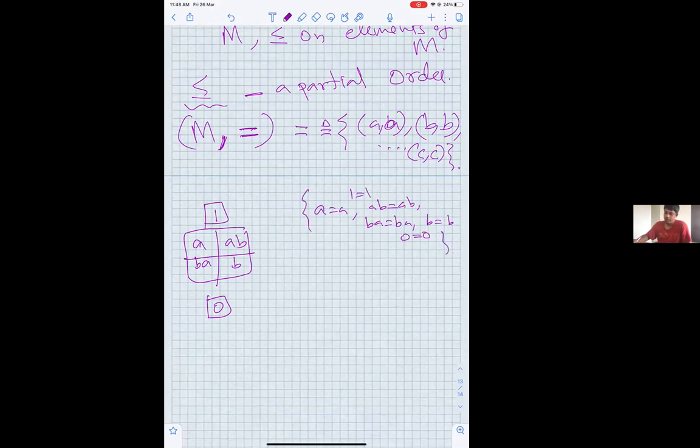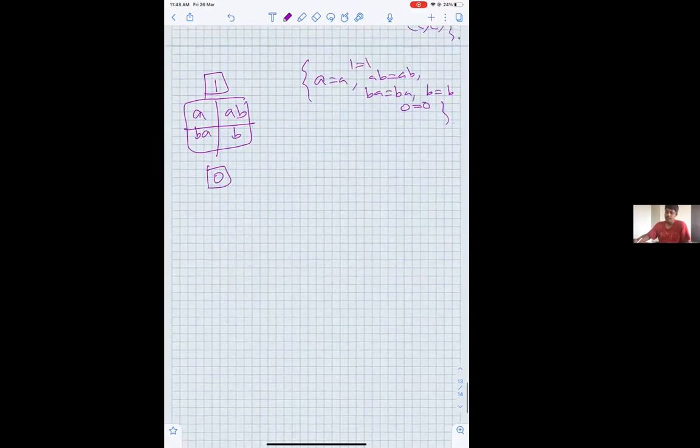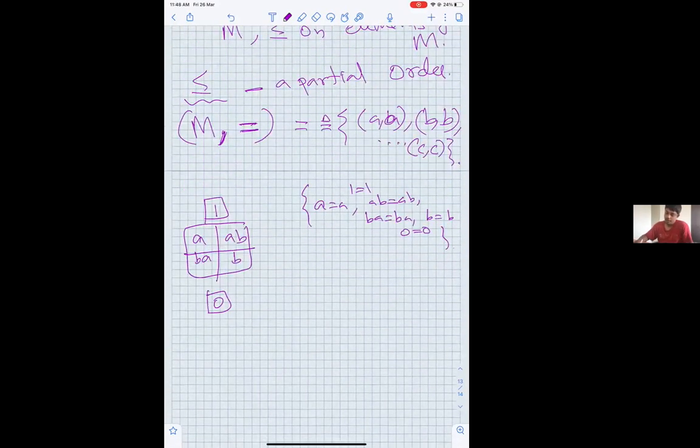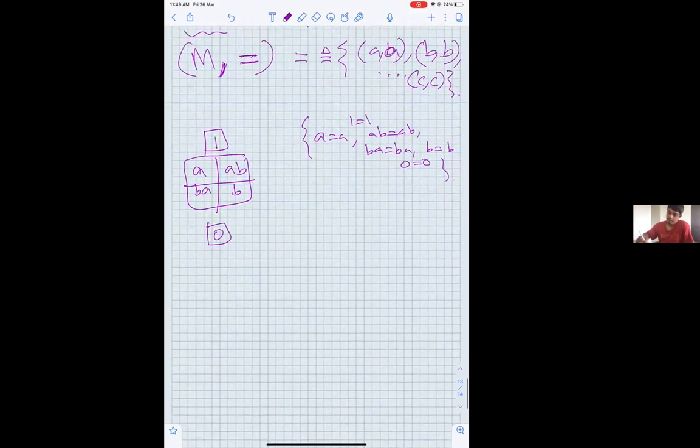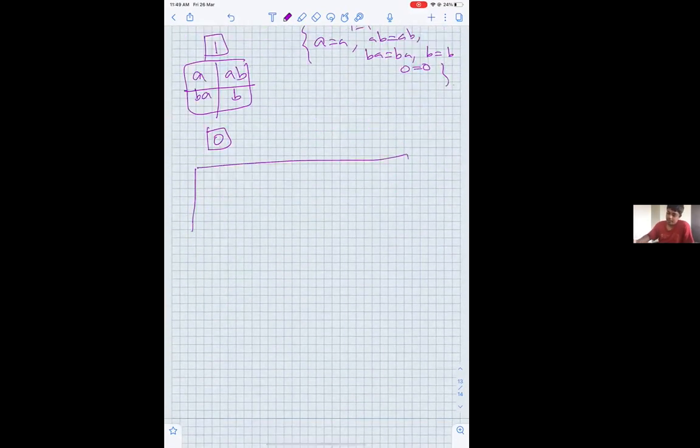So what is this order? Sorry, I didn't say one thing. Not only is this an ordering on the elements of M, it has to satisfy the following property.